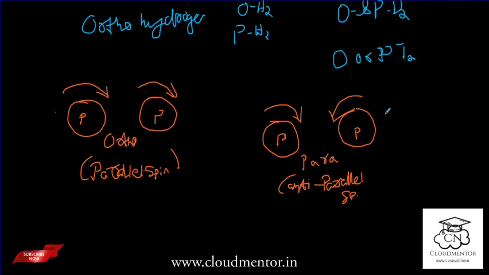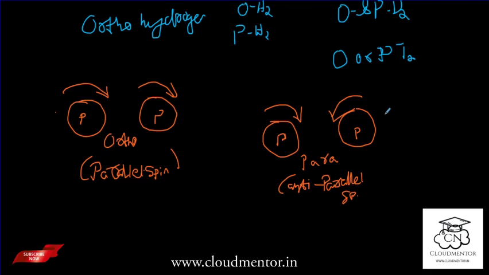Its three times greater presence at room temperature suggests that orthohydrogen is more stable than parahydrogen at room temperature. And ortho and para interconversion is a slow process in the absence of a catalyst.